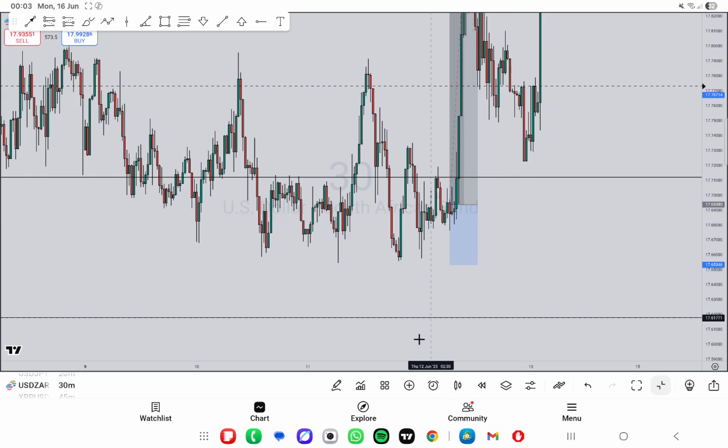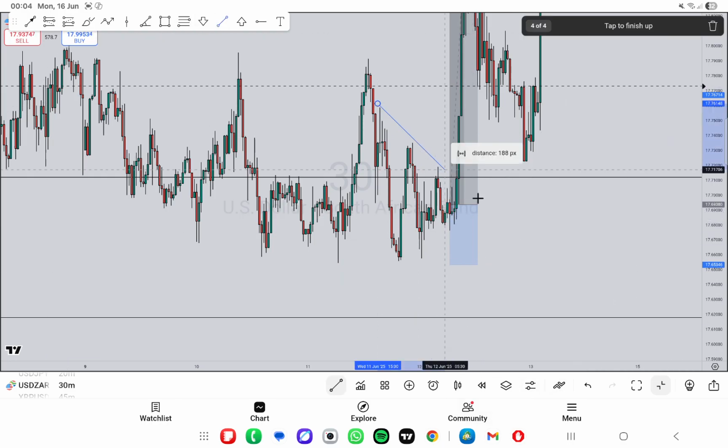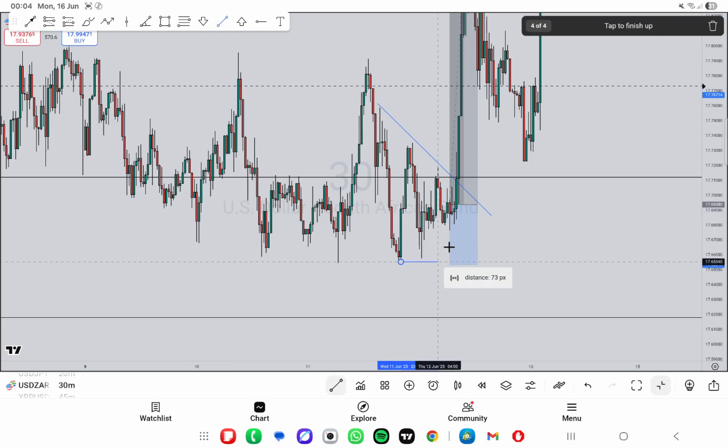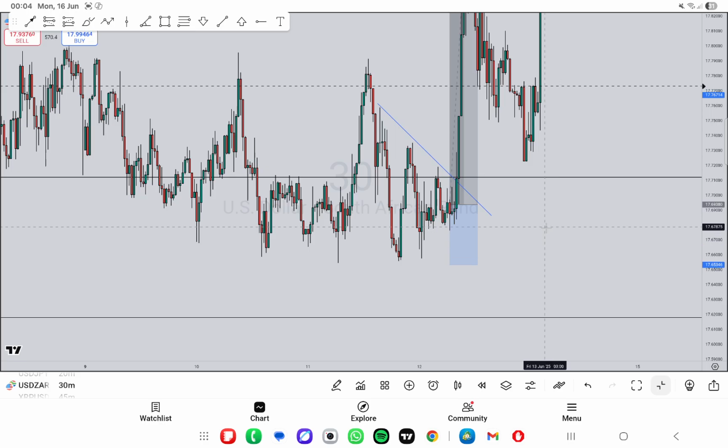And then here it was pretty much simple. I saw this market structure right here. Okay, this is misbehaving. Let me see.